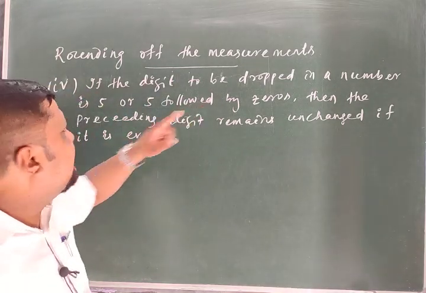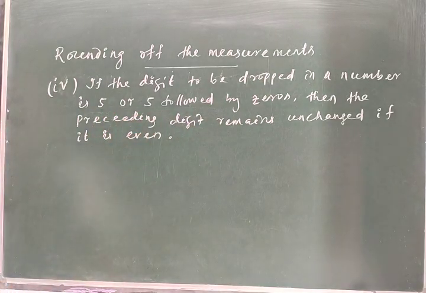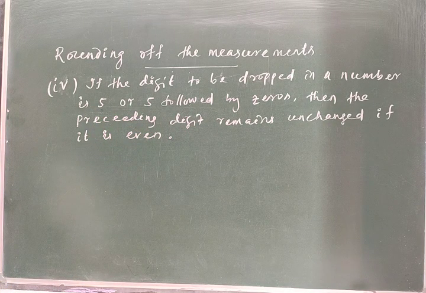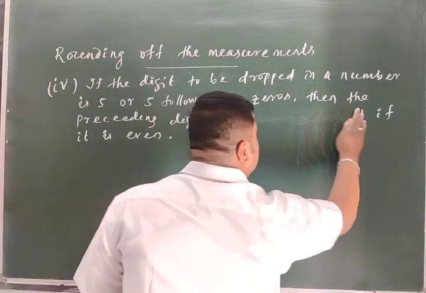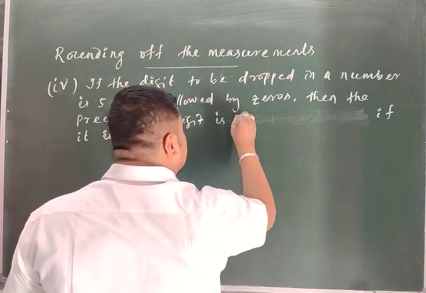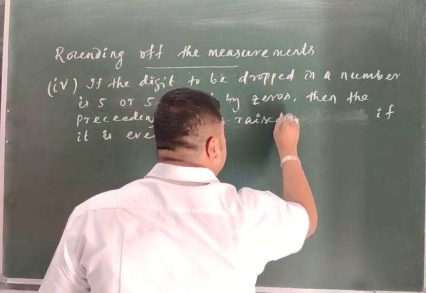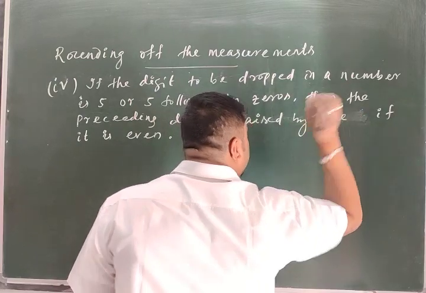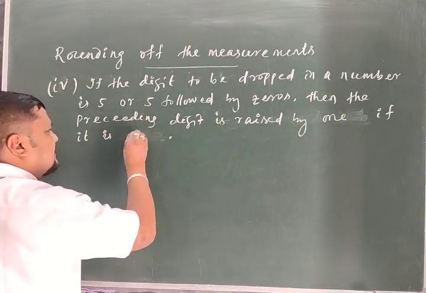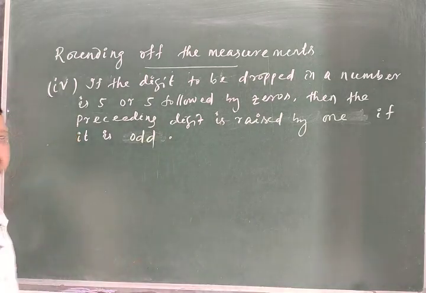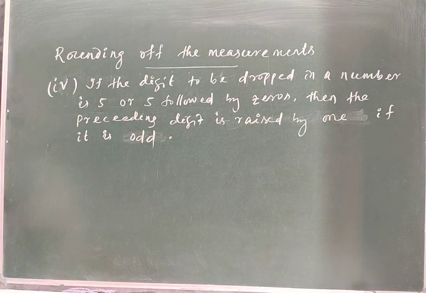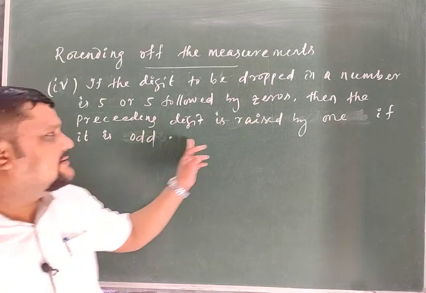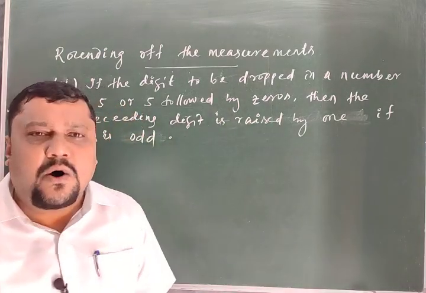If the digit to be dropped in a number is 5 or 5 followed by zeros, then the preceding digit is raised by 1 if it is odd. If it is odd, this is important. The preceding digit is raised by 1 if it is odd.